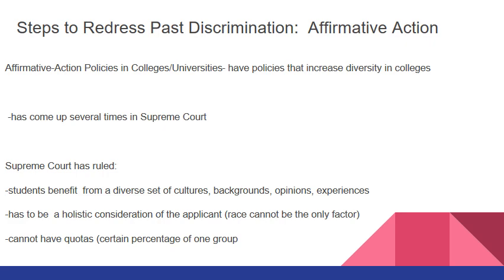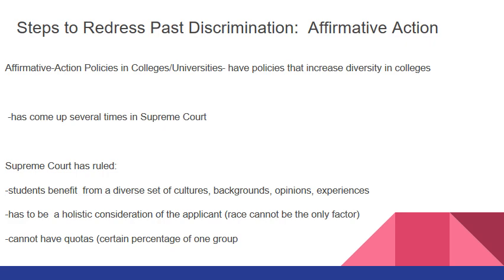The policies they enacted were called affirmative action policies. Affirmative action policies are ways in which universities, both public and private, work to increase the percentage of their students who are African American, Hispanic, Native American, and sometimes also Asian American. The affirmative action policies have sometimes come up in the Supreme Court, and the Supreme Court has ruled in favor of affirmative action but has set stipulations on how affirmative action can be implemented.